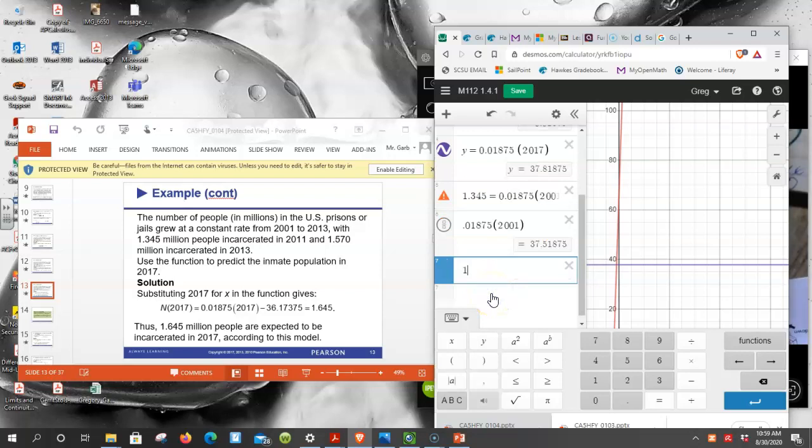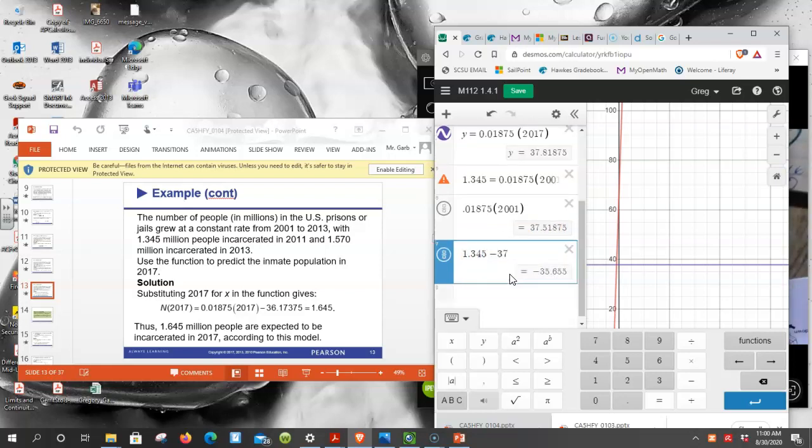From 37.5, we have to subtract. Because 1.345 is equal to something plus something, right? If you already had 37, what do you have to do to 37 in order to get 1.345? You have to subtract. So it's going to be 1.345 minus 37.51875. There you go. So that's the y-intercept, so negative 36.17.